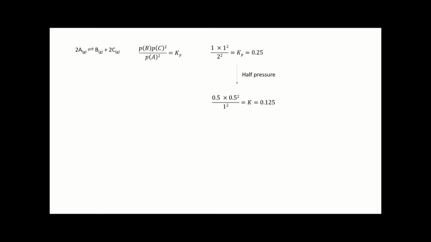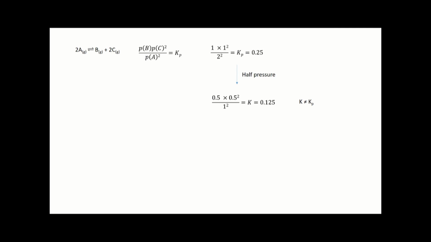And again, the driving force behind this is pressure. We have half the pressure. The equilibrium will respond by trying to raise the pressure, and so K is not equal to Kp here. We are not in equilibrium.